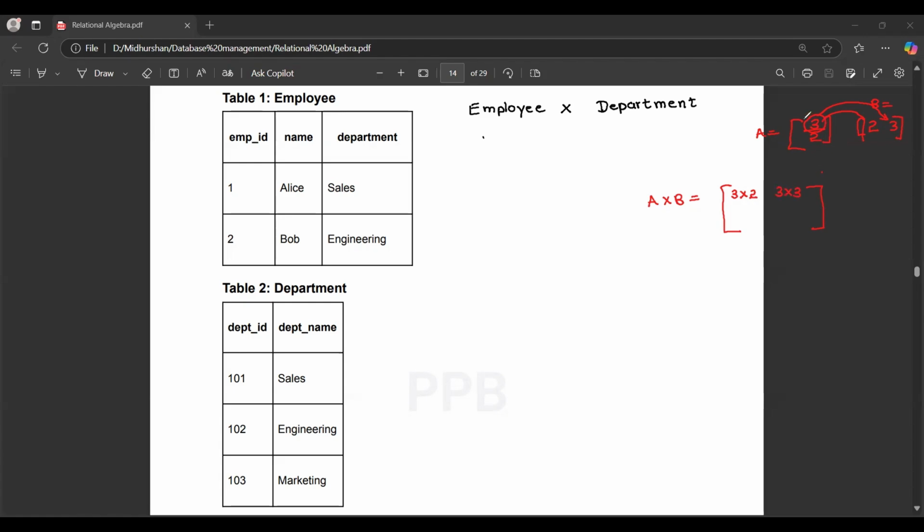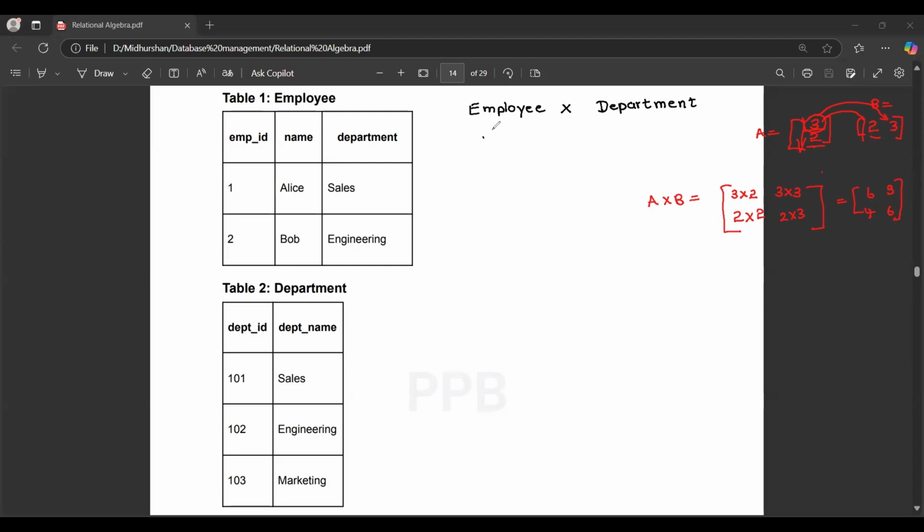Similarly, you repeat for every single component in the rows of the matrix. So 2 times 2 and 2 times 3. The answer will be 6, 9, 4, 6. So this will be A into B.